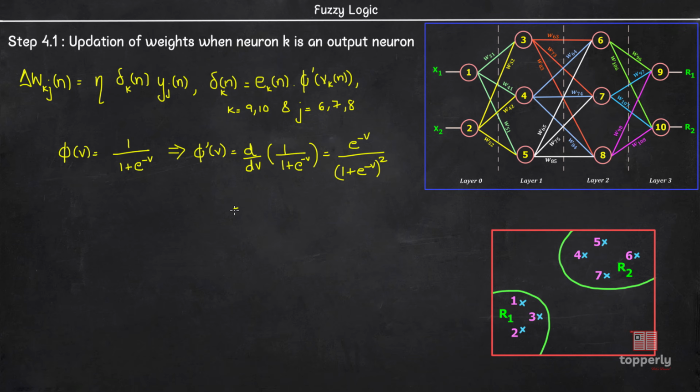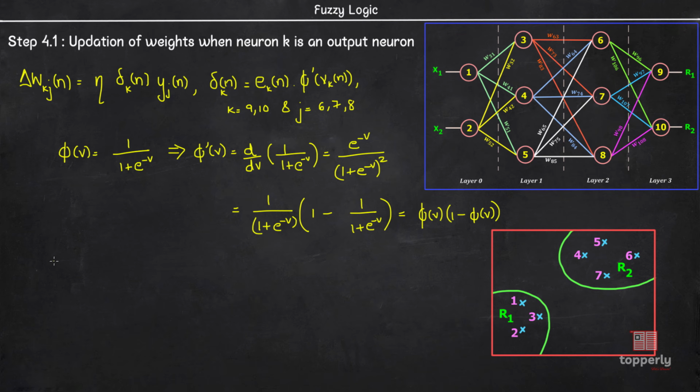This can be rewritten as 1 by (1 plus e raised to minus v) into (1 minus 1 by (1 plus e raised to minus v)). And we know that 1 by (1 plus e raised to minus v) is equal to phi of v. So this can be again written as phi of v into (1 minus phi of v).